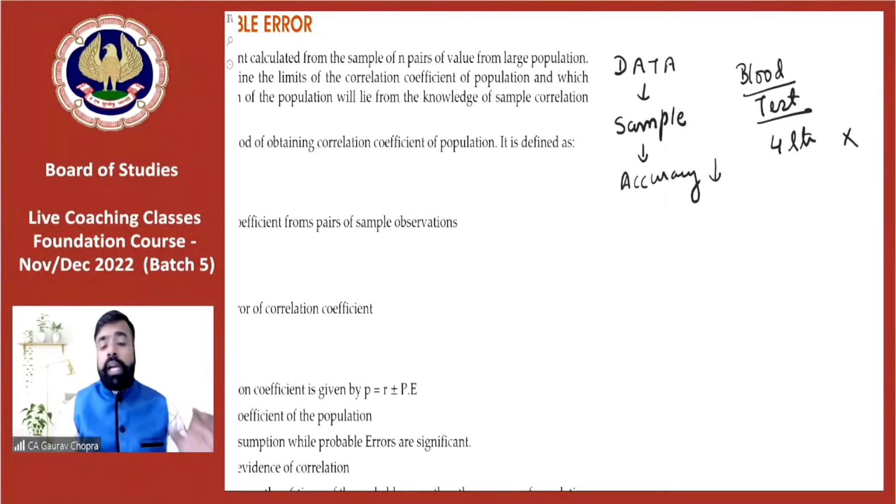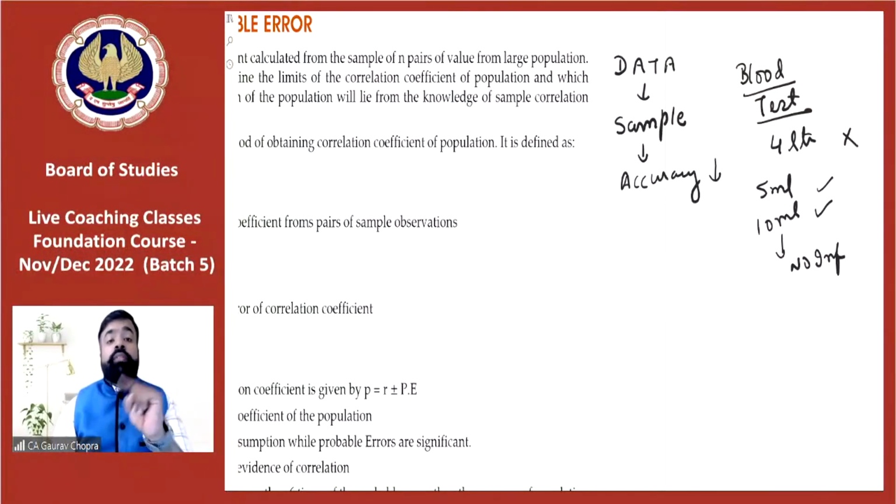So there also what do we do? We give a sample. It is not the complete blood, we give a sample. We give 5 ml, 10 ml of blood to the laboratory. The lab person will check this 5 or 10 ml of blood. If this blood has no infection, then the doctor will assume that our whole 4 liters of blood has no infection.